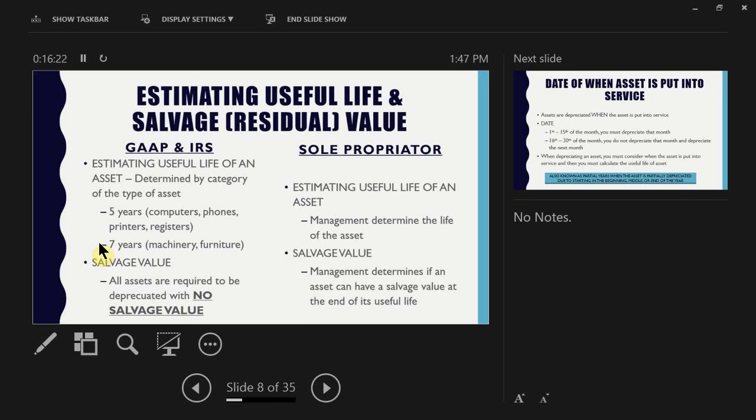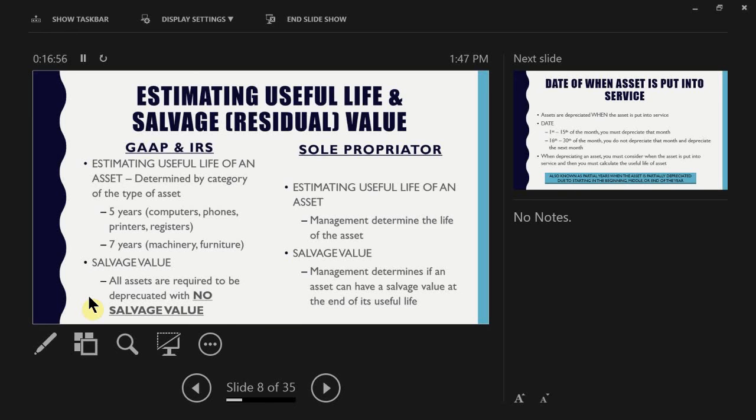After its life has been done, its cycle has been done, it still holds a value in regards to selling purposes. But for GAAP, we say no. If you're going to use GAAP and you follow this rule and GAAP is going to determine your salvage value, then you need to make sure that you zero it out completely, as in there is no residual value.